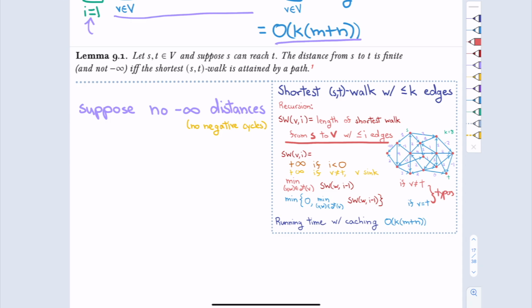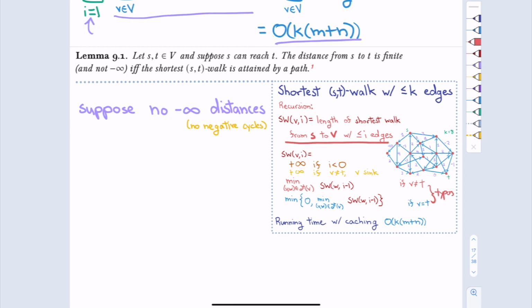And so suppose we had no negative infinity distance. Suppose there were no negative cycles in particular. The question was sort of how big do I need k to be to figure out all the distances?